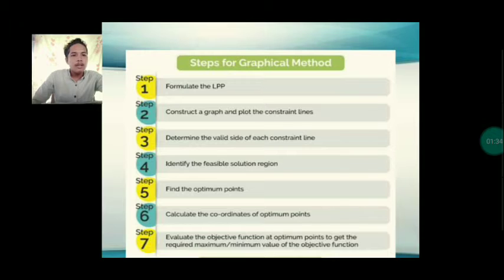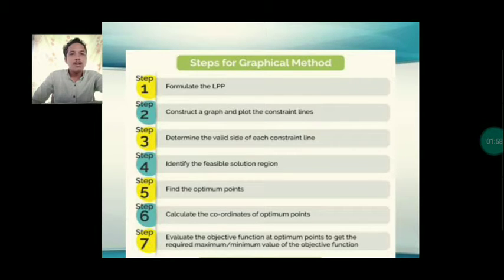Step 4, identify the feasible solution region. Step 5, find the optimum points. Step 6 is calculate the coordinates of optimum points. Step 7, evaluate the objective function at optimum points to get the required maximum or minimum value of the objective function.